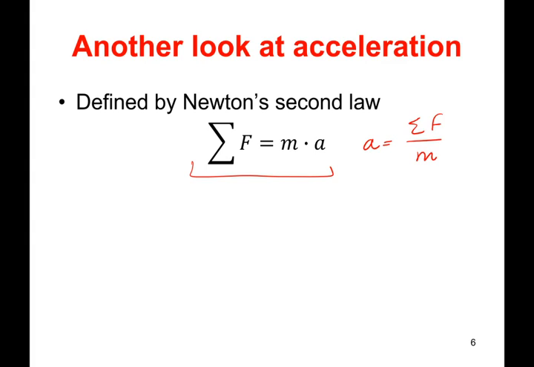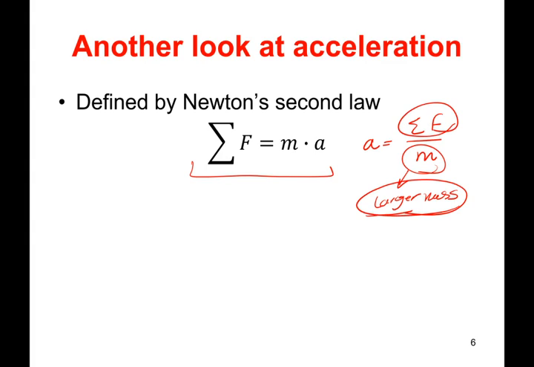We can actually have a closer look at your mass as well. So for larger masses, you will need a larger force to maintain the same level of acceleration. Give you an example.